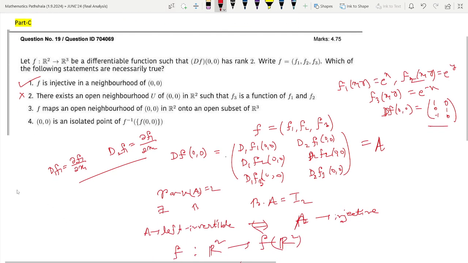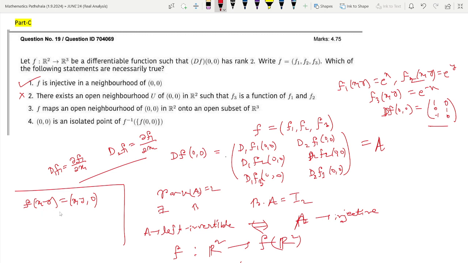For this option 3, simply if we take f(x,y) equal to (x,y,0), there is a simple check that for this map the derivative map at (0,0) is a matrix of rank 2, and if we take an open disk, which is an open set U in R2, then f of U is actually equal to U, and in R3 this is not an open set.